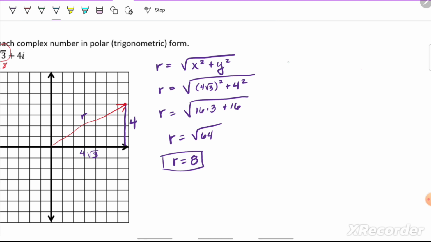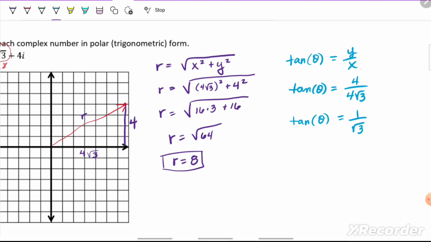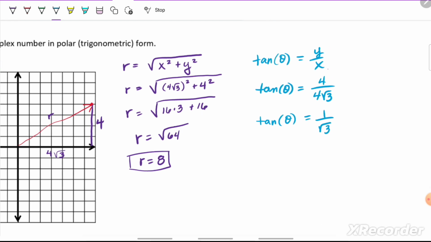And then to find our theta, we're using the fact that tangent of theta is equal to y over x. So tangent of theta is going to be equal to 4 over 4 square root of 3, which simplifies to 1 over square root of 3, which we frequently see rationalized.